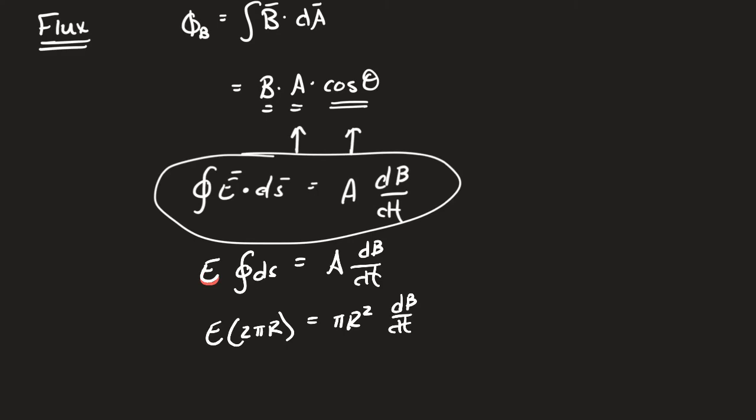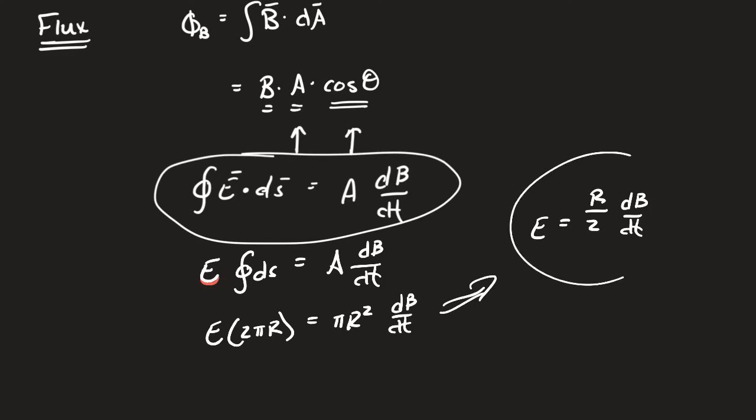By the way, when we're done with this, you have the electric field from any magnetic field. This is the size of the electric field from any changing magnetic field. R represents the distance from the center of the magnetic field.